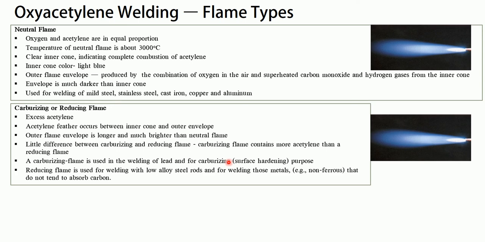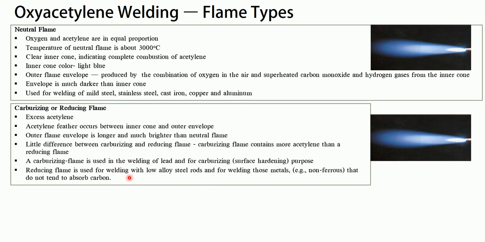We have seen in case hardening processes, there is a process called carburizing where the amount of carbon on the surface of the ferrous metal is increased in order to increase the hardness of the material. For that process, the oxyacetylene carburizing flame is used.